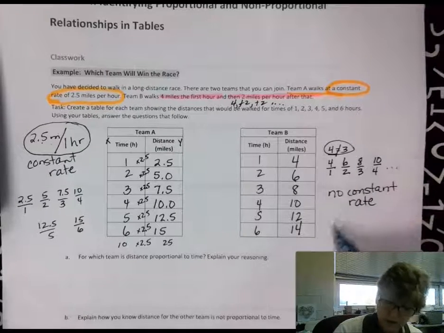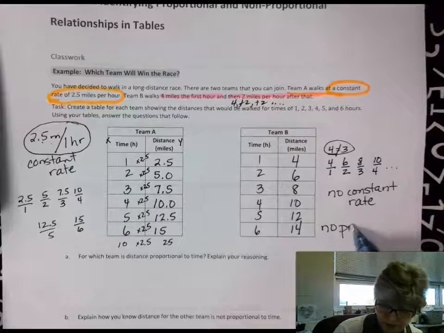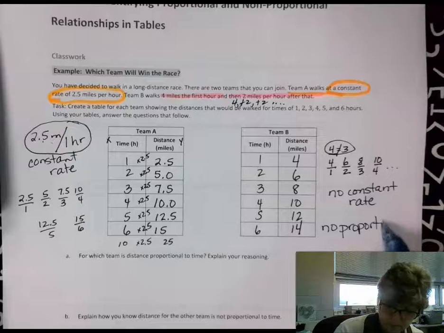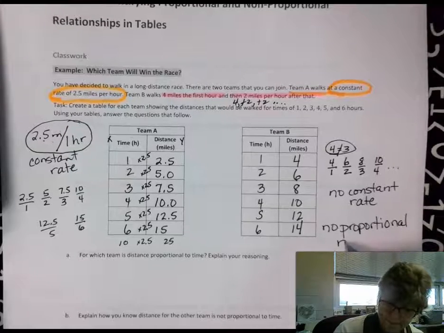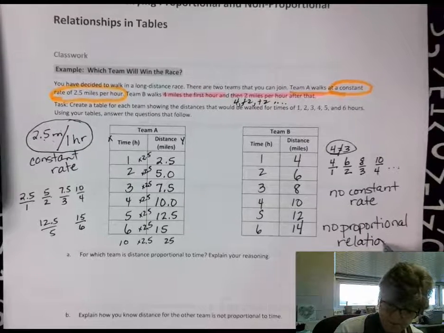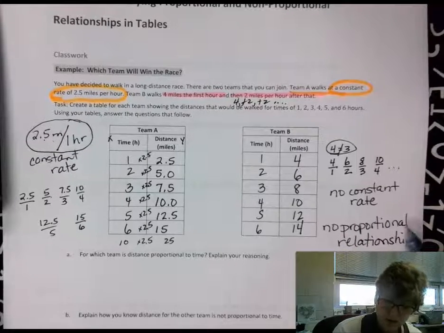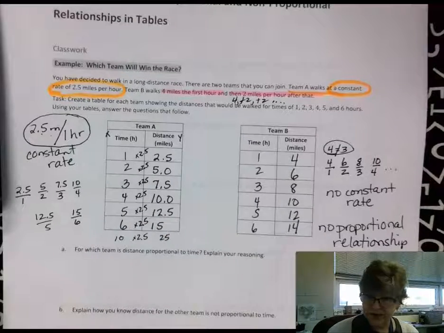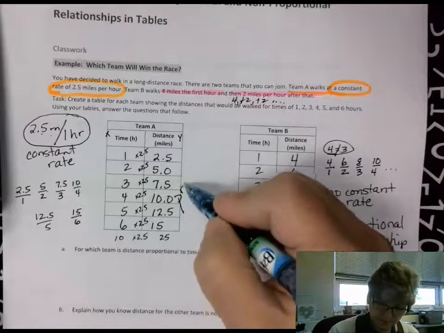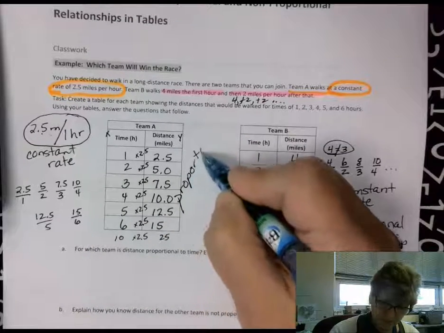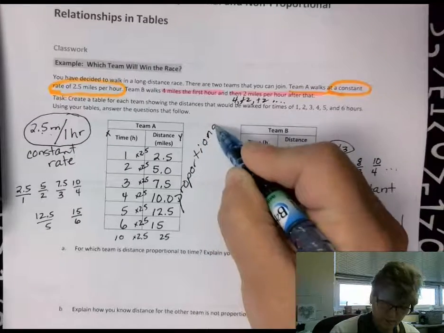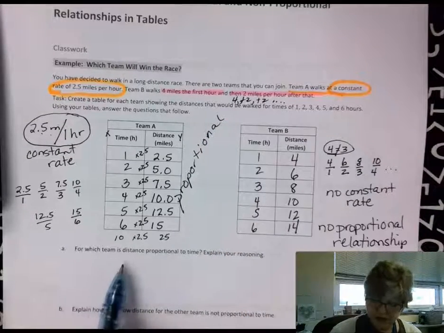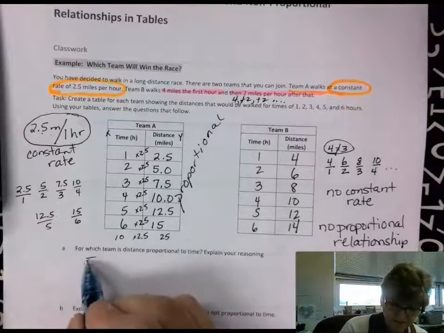There is no proportional relationship. And of course, for Team A, there is. So for which team? As we said, Team A.